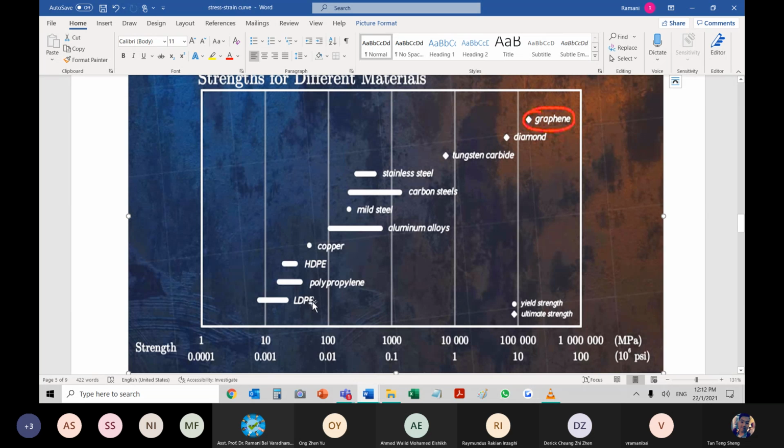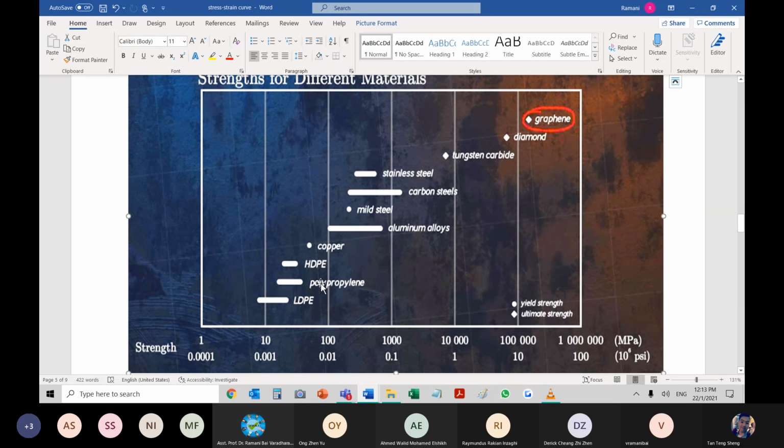The strength of LDPE, a kind of polymer, is up to 50. It's a logarithmic scale, so you will have this type of denomination. You need to divide yourself. 10 to 100 means you can put 10 divisions here.